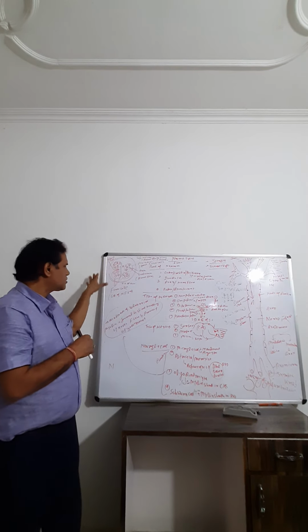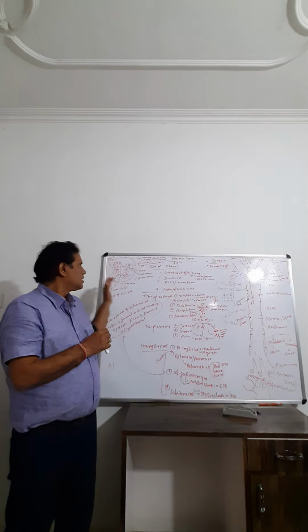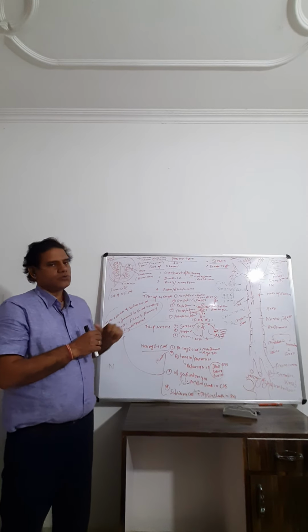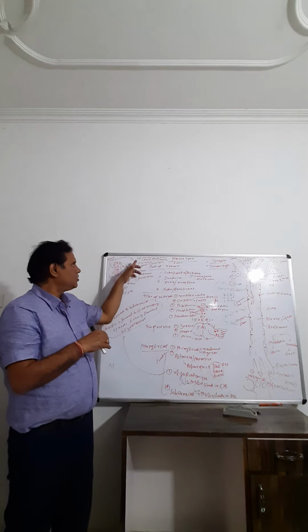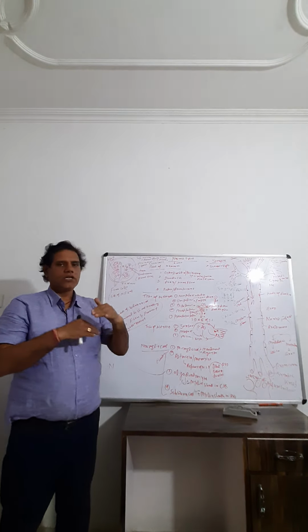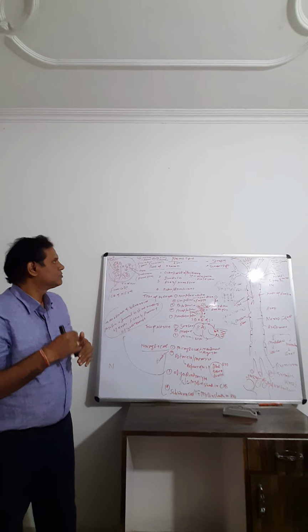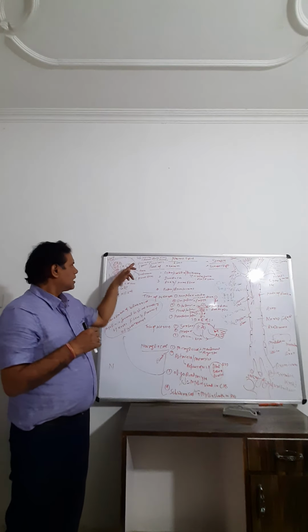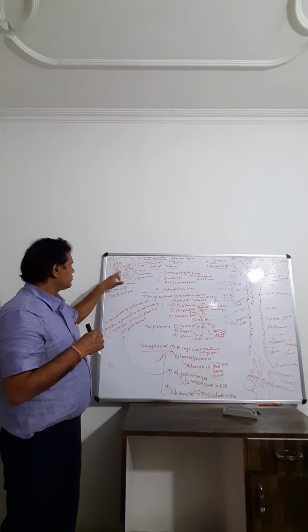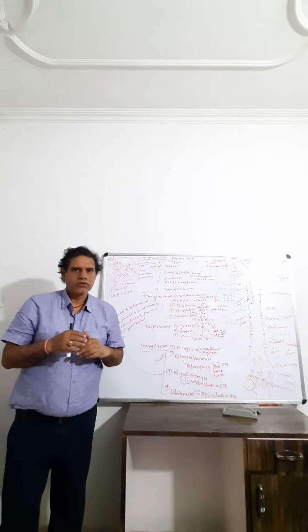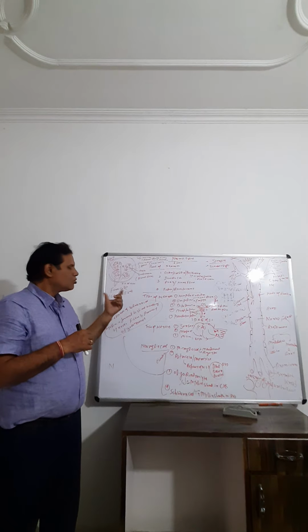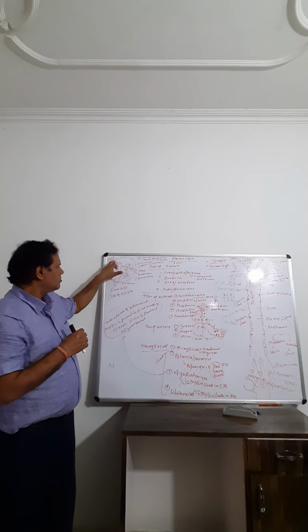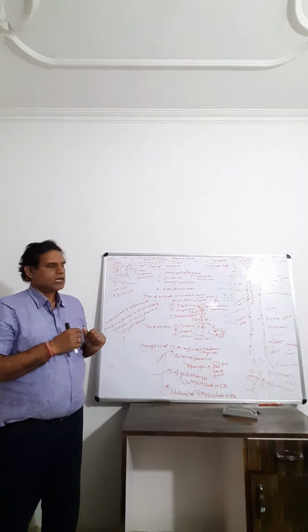And this is the TS of the nerve fiber. It is made up of connective tissue. The outermost part is epineurium, a connective tissue layer around the whole nerve. And this is the fasciculi, also called funiculi, that is a group of nerve fibers, a bundle of nerve fibers.